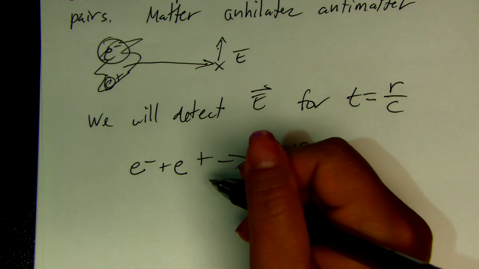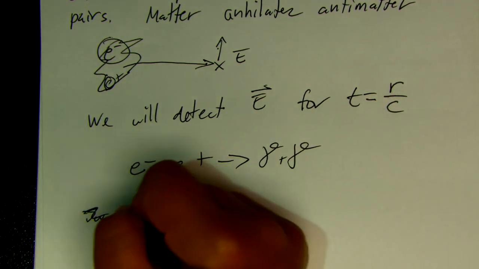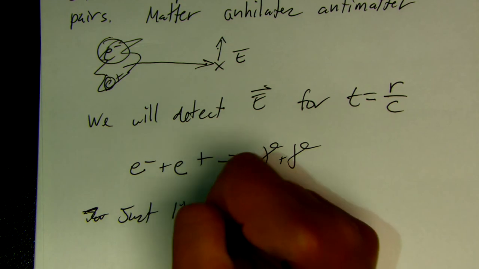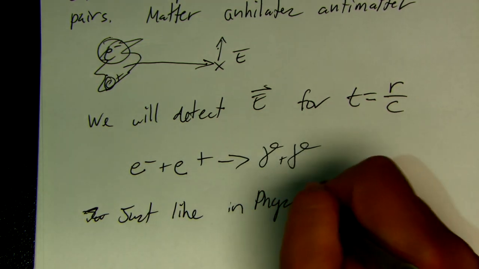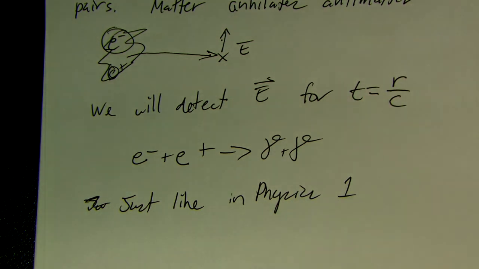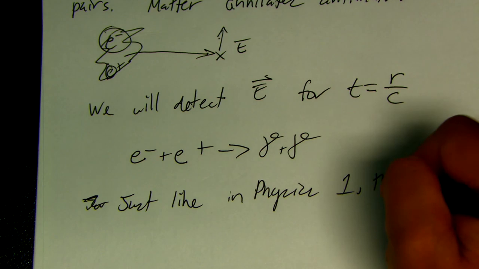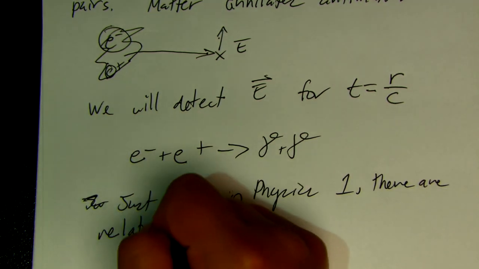Okay, so just like in Physics 1, whenever you are dealing with things moving, there are relativistic corrections.